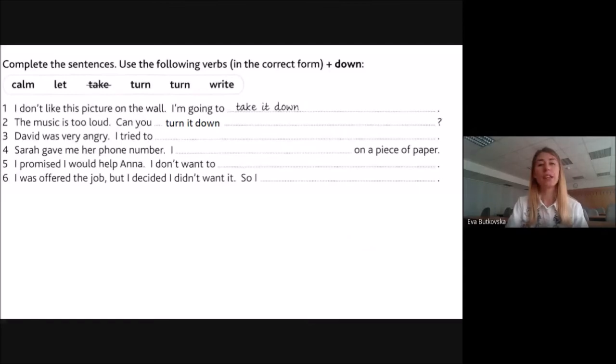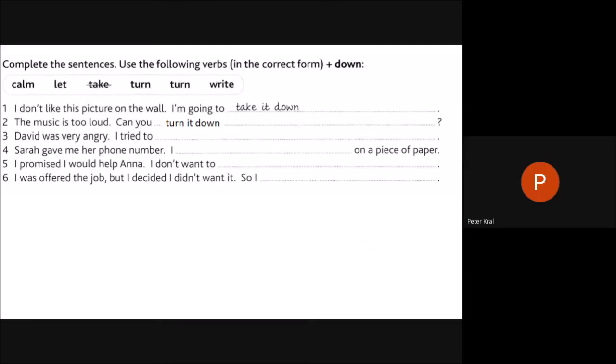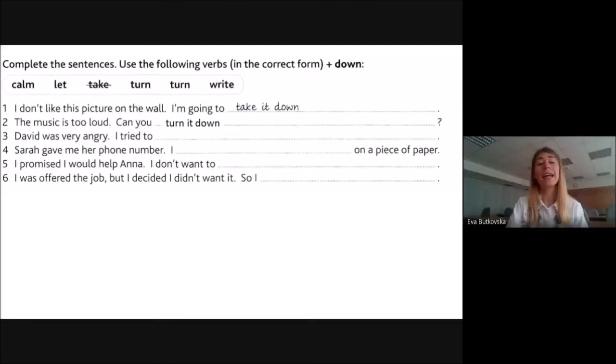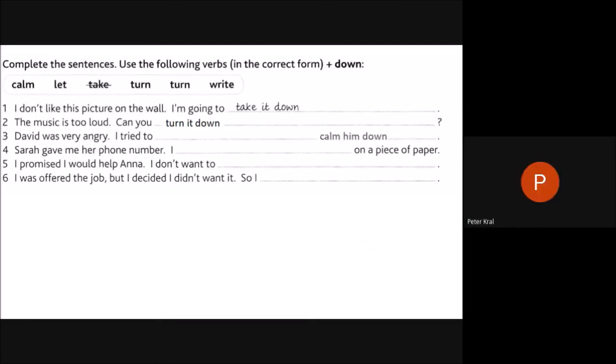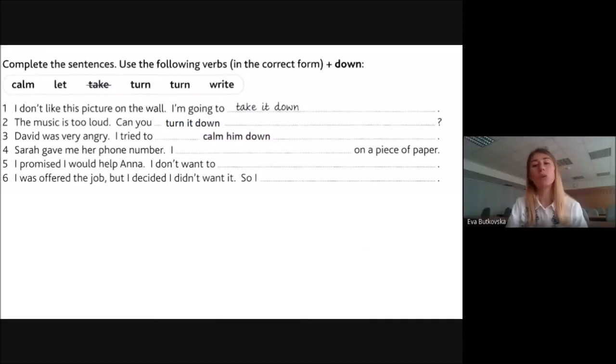Number 3. David was very angry. I tried to calm him down, or I tried to calm down David. This was the topic of the first lesson dedicated to phrasal verbs.